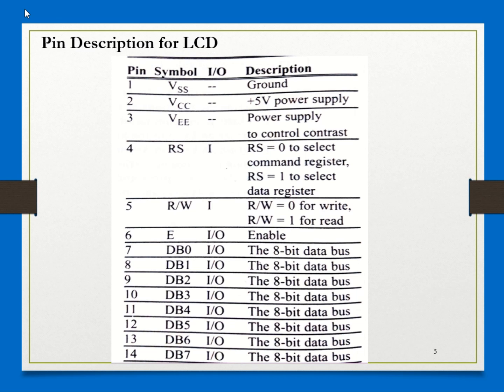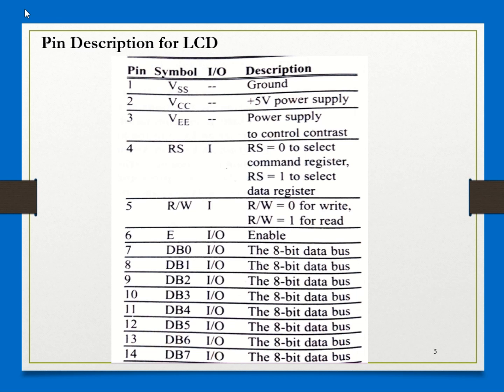And here is the pin description. The most popular one is 16 cross 2, wherein along with these 14 pins, it has 2 extra pins, the backlight pins called LED plus and LED minus.